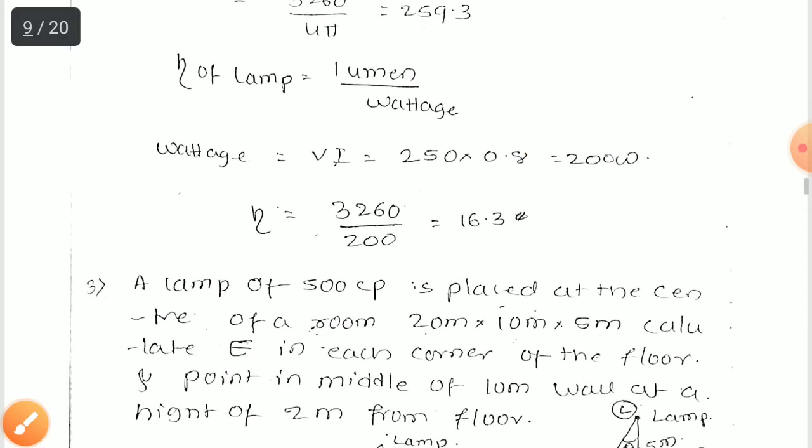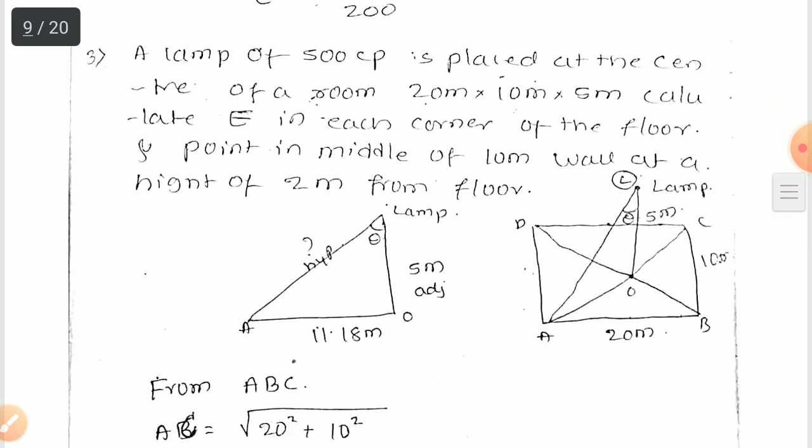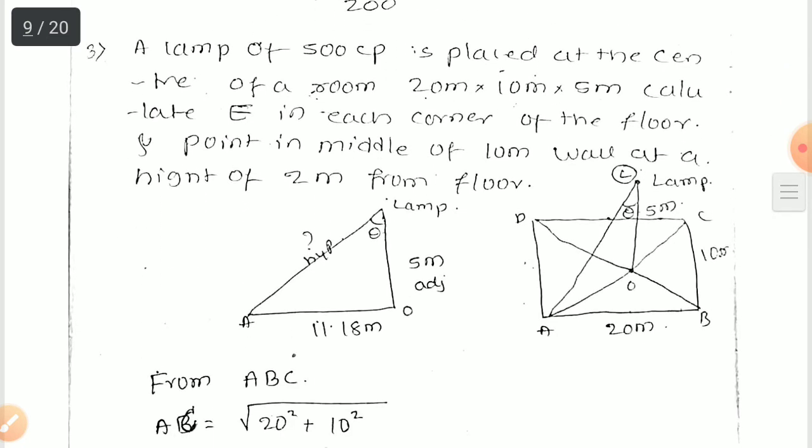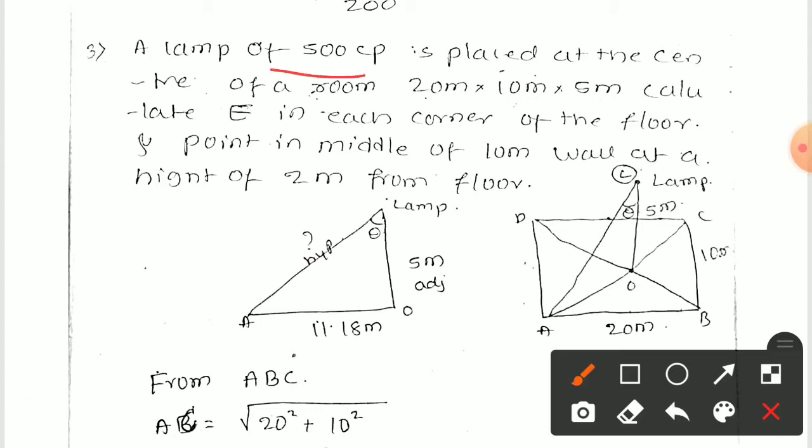Next, the third problem, also based on the laws of illumination. A lamp of 500 cp is placed at the center of the room. The room dimensions are 20 meter, 10 meter, and the lamp is suspended at 5 meter height.